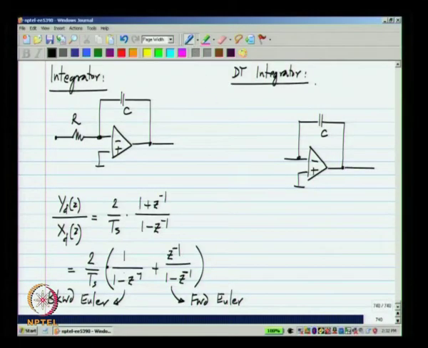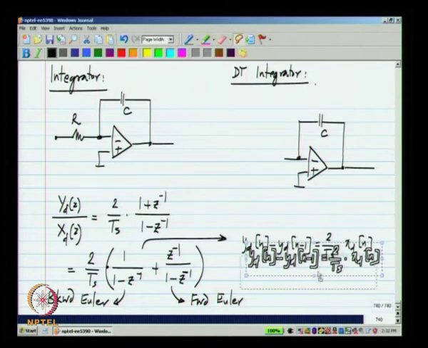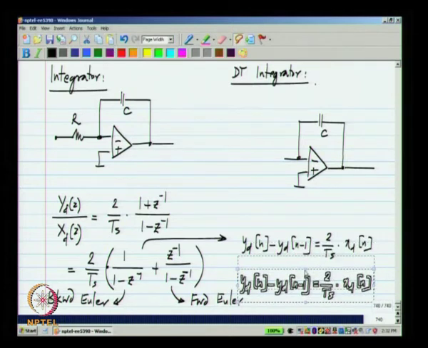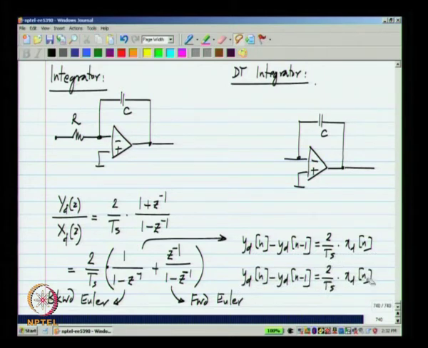So, if I write the differential equation corresponding to each of these parts, this will be, and the other one will be, instead of xd of n we will have xd of n minus 1.